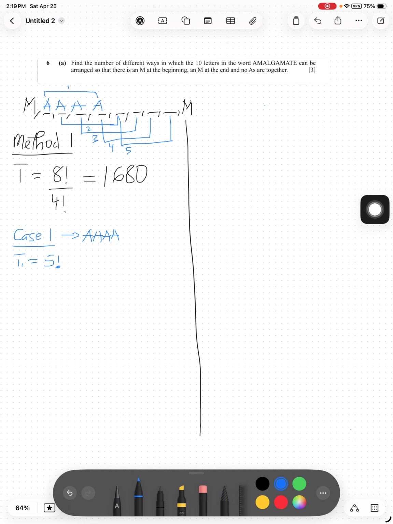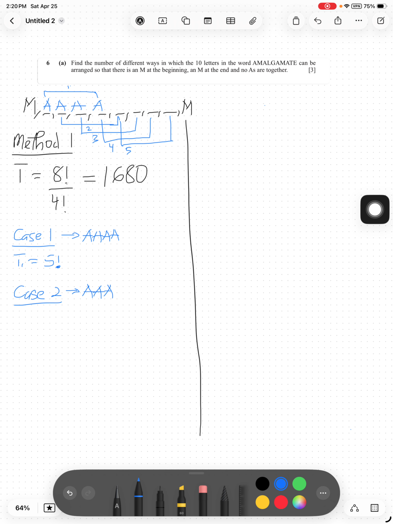Okay, so that is for the first case. That is if we sit the 4 A's together. Now let's talk about the second case where we can have the A's together. Now with this case we're going to talk about if we have 3 of the A's together.